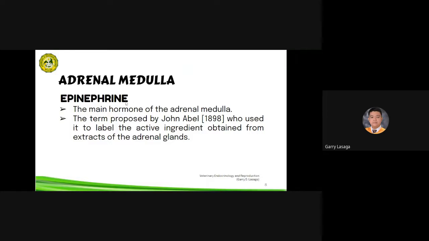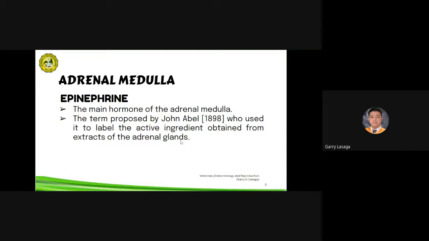So epinephrine was coined by the person known as John Abel in the year 1898. John Abel used it to label the active ingredient obtained from extracts of the adrenal gland.